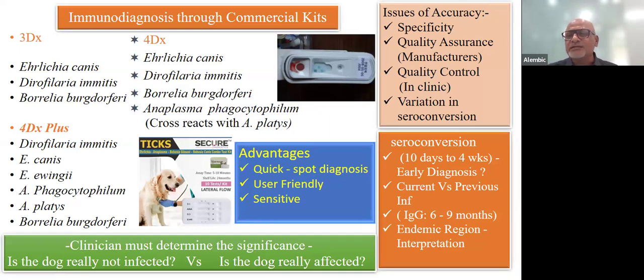So when these tests are positive, then you are in a dilemma: is the dog really affected? When the test is negative, again, particularly in a non-endemic area, the dilemma is: is the dog not really infected? So this dilemma is always there with these immunodiagnostic kits.